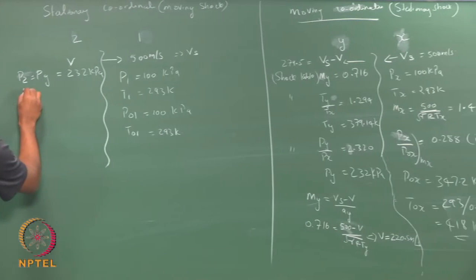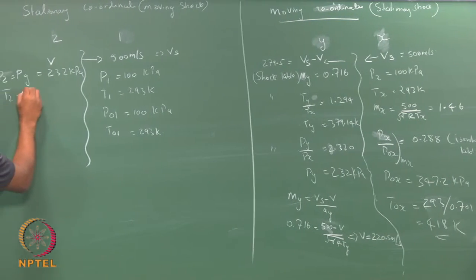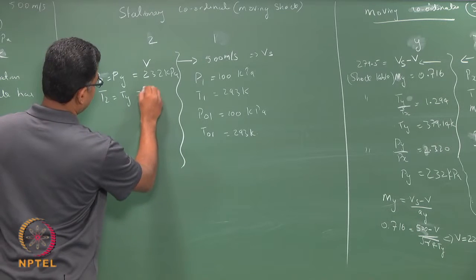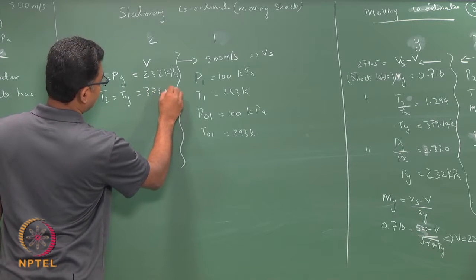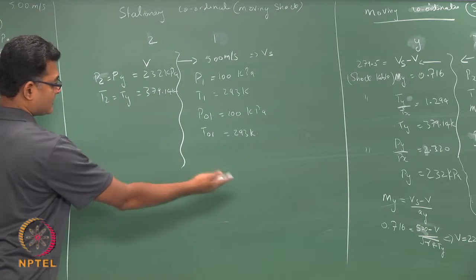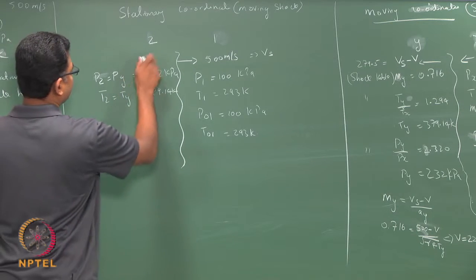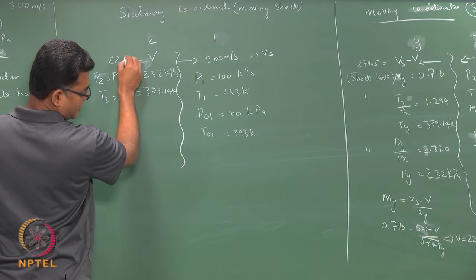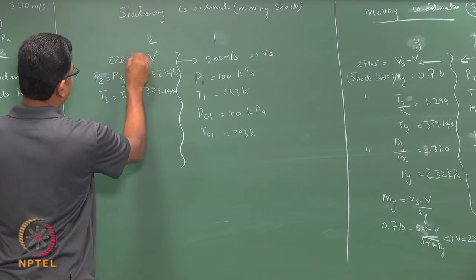Okay. And T2 the same as my Ty is equal to 379.14 Kelvin. My V is calculated to be 220.5 meters per second.